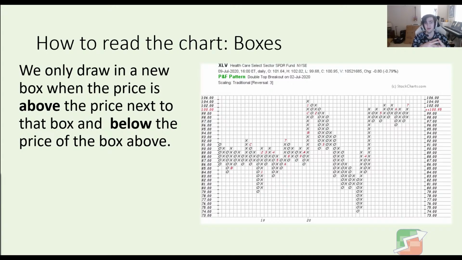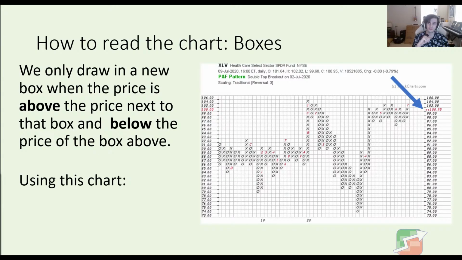So we add a new box when, if we're in a column of X's, the price goes up one box. So if it's going in the same direction as our current column, we only need one box. If we want to go from X's to O's or O's to X's, it takes a little bit more to knock us off of our train. So we need 3 boxes or more.